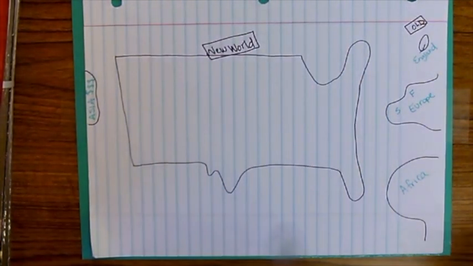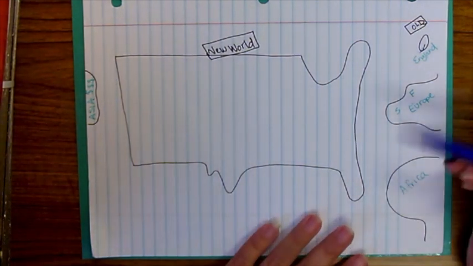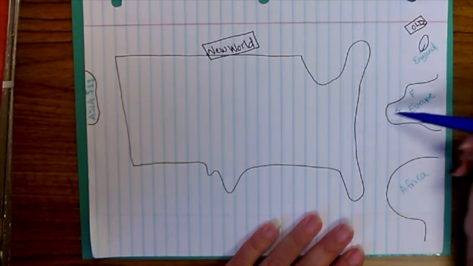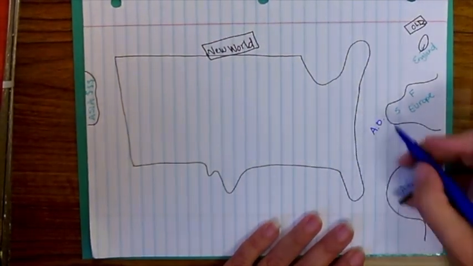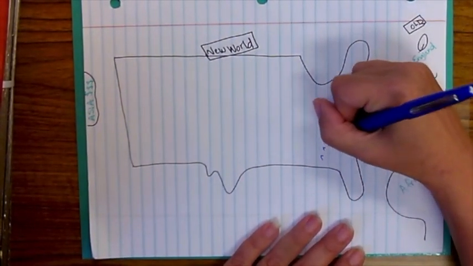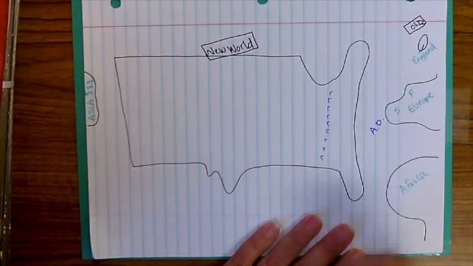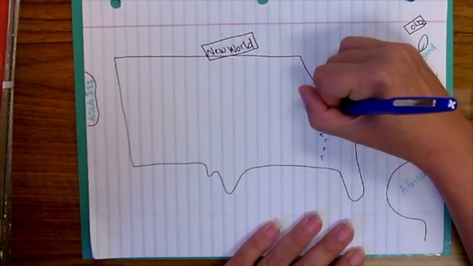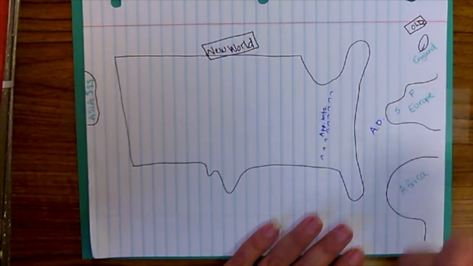And so on the New World, we're going to label some of our geography. Of course, we start with the idea that in 1492, when Columbus says he's going to sail the ocean blue, it is to cross the Atlantic Ocean. Settling on the East Coast, when colonists do come to settle, they are blocked from expansion by the Appalachian Mountains. We're going to start using abbreviations because we're going to do it so often.